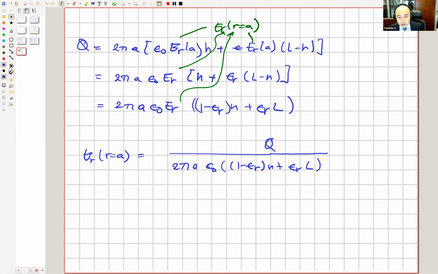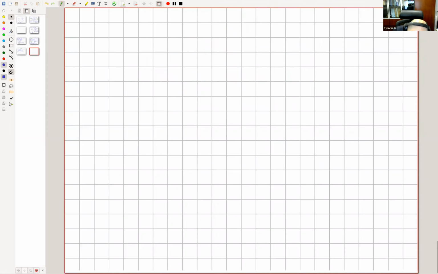So in this case, what should I do? Well, I could draw, if I have a cylinder, this. Okay, this is the original smallest cylinder.